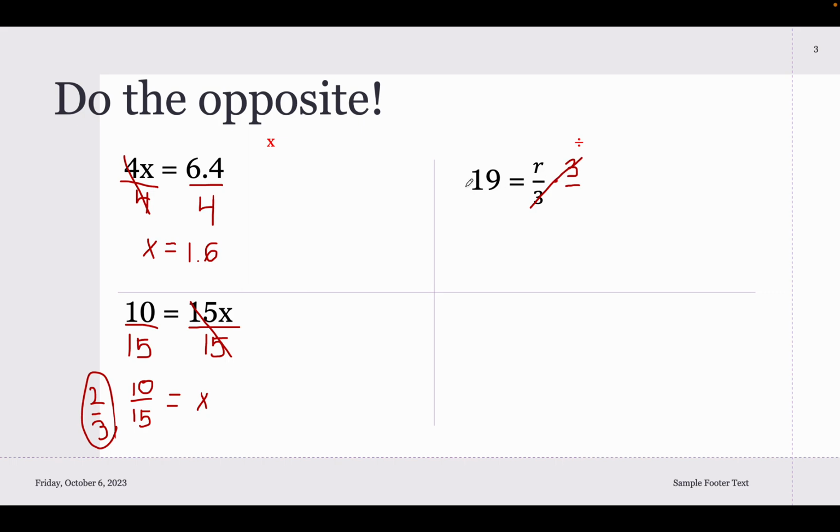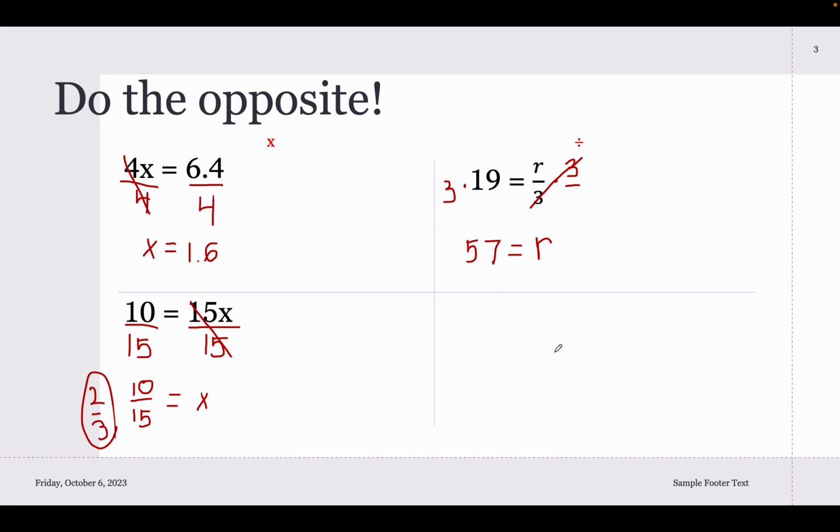If I multiplied by 3 on this side, I must multiply by 3 on the other side. Does anybody know what 19 times 3 is? I just plopped it in my calculator. I am seeing that it is 17. So I'm going to go ahead and put r equals 57. I read it as 17, but it's actually 57.